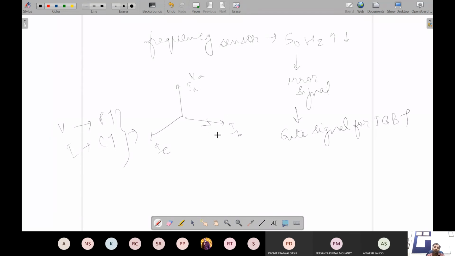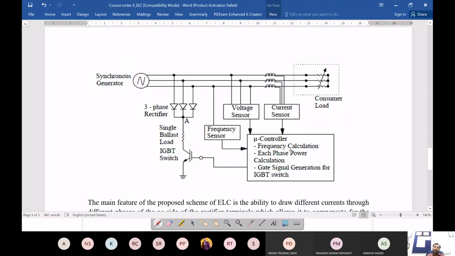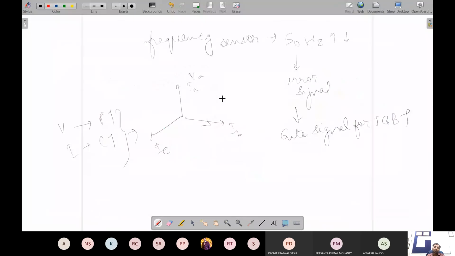So these voltage and current sensors will give the information of how much is the current in each phase, and accordingly this input will be fed to the microcontroller. Based on the control mechanism implemented through the program, it will control the firing pulses for the three-phase rectifier.